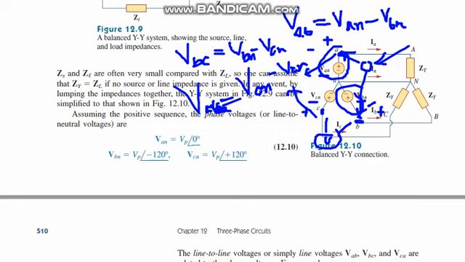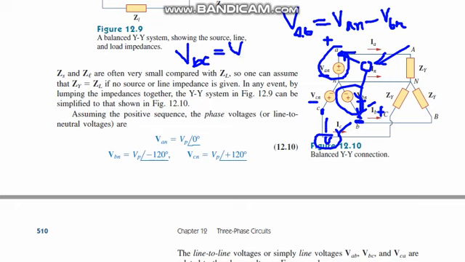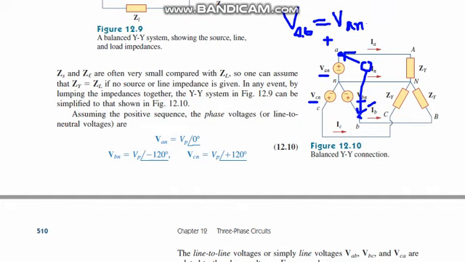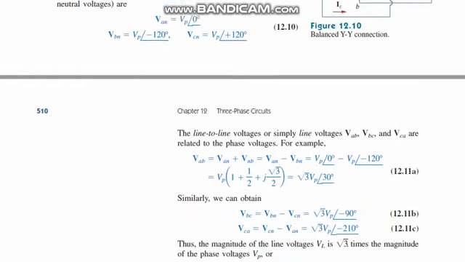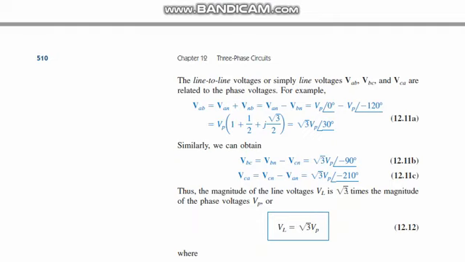Very simple. These voltages are known as line to line voltages, because the three line to line voltages are applied, VAB, VBC, VCA. If it is VAB, that will be VAN minus VBN.